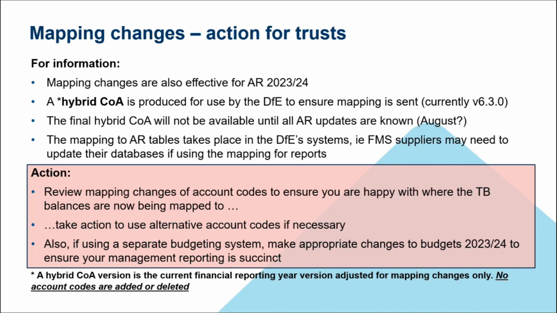It doesn't take place in your supplier system, but just be aware that your suppliers may have set up reports based on this mapping. So make sure that any changes that DFE put through on the mapping, your suppliers have also put through on the reports. We do update them to let them know when there are new versions out there, but that's just a double check.